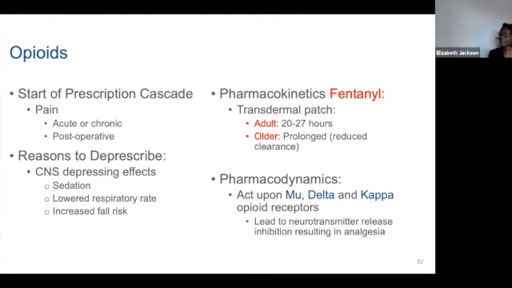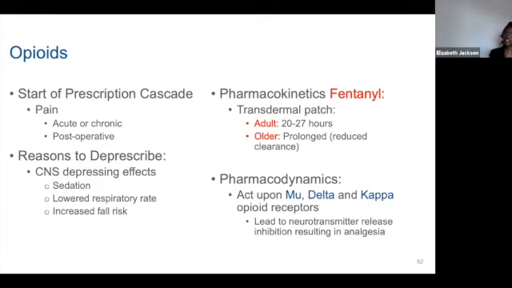The pharmacodynamics of this drug is it will act on the mu, delta, and kappa opioid receptors. It can lead to neurotransmitter release inhibition, resulting in analgesia.